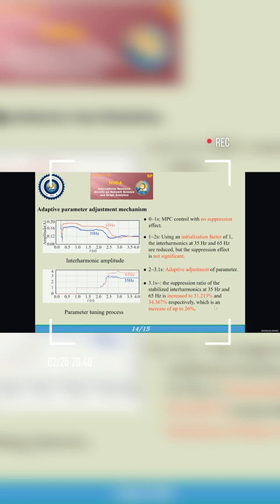The interharmonics rejection rate at 35 Hz and 65 Hz are increased to 31% and 34% respectively, which is an increase of up to 26%.